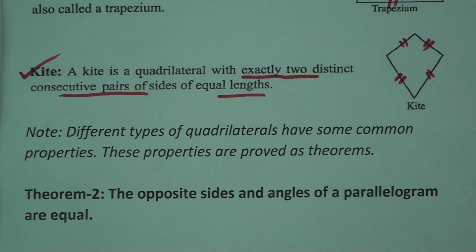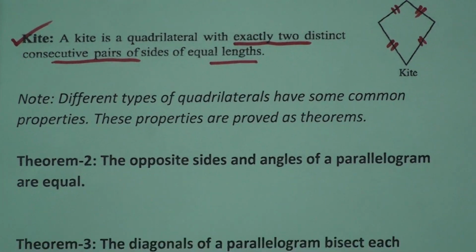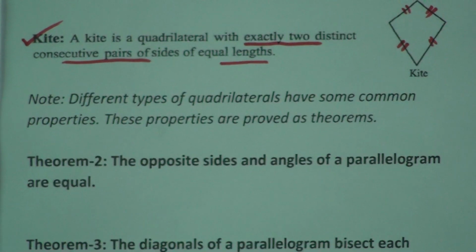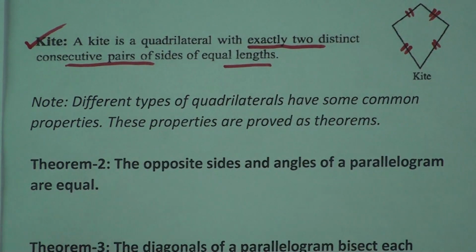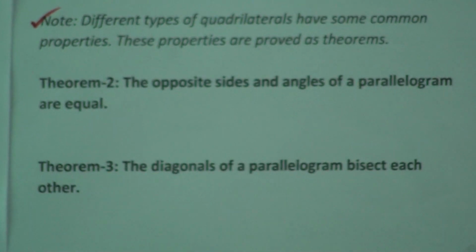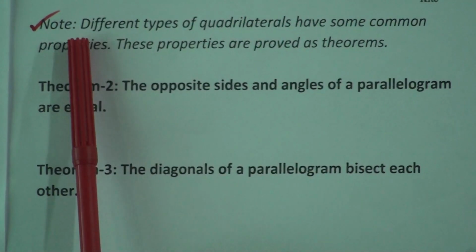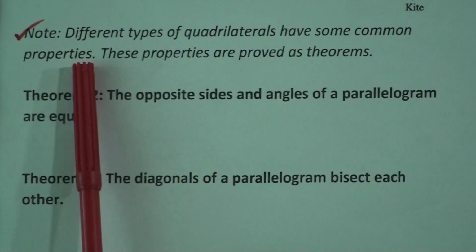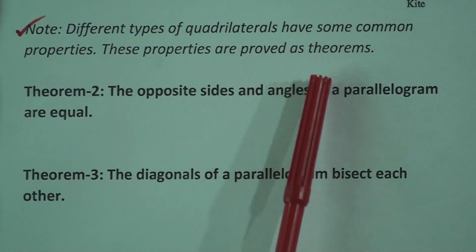Okay, dear students, now I'll discuss theorem 2 and theorem 3. I'll show you how you can prove theorem 2 and theorem 3. Dear students, what is a theorem in this chapter? If you notice the note I have written here, different types of quadrilaterals have some common properties. These properties are proved as theorem.